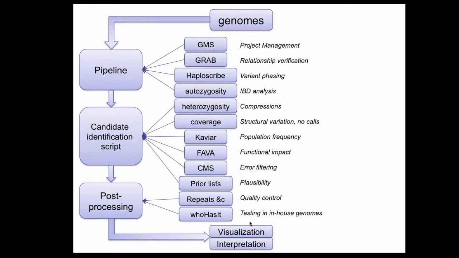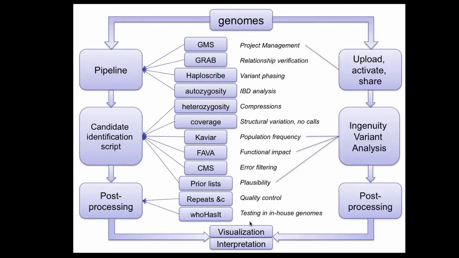In parallel to this homegrown pipeline that we developed at ISB, we are also using Ingenuity Variant Analysis, which, as you know, is commercial software that makes it quite convenient to simply upload the genomes, run a whole series of analyses inside the same tool, and then lead to visualization and interpretation of the results.